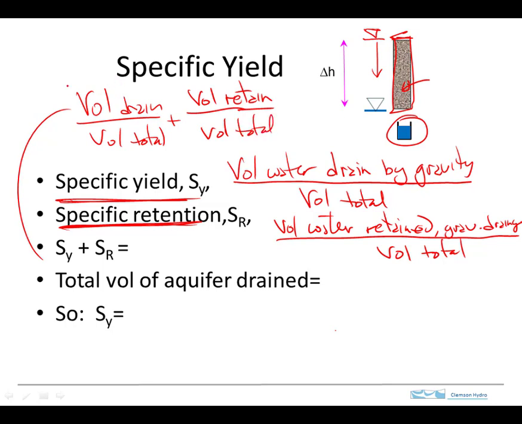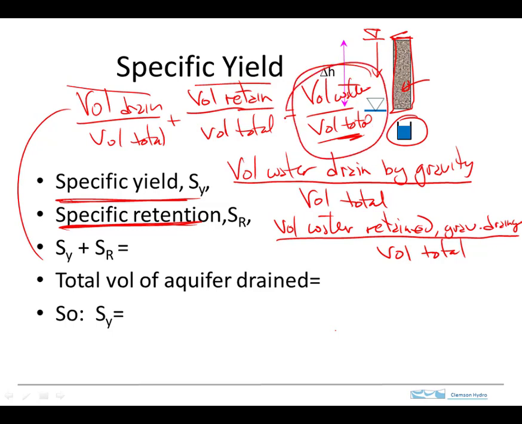Then if we add the volume drained and the volume retained, that's going to be the total volume of water over the volume total. Now this volume total here is the total volume of the porous media. If it's saturated, then this ratio just equals the porosity. So the specific yield plus the specific retention is equal to the porosity, the total porosity.